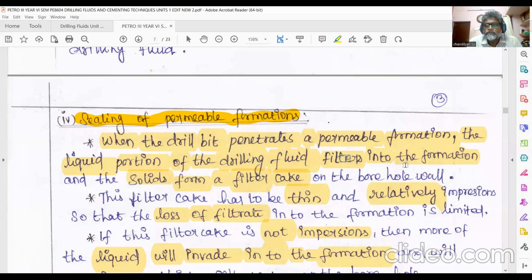So it happens mostly in a permeable, porous formation. Here there is a spelling mistake: relatively impermeable. The cake must be thin and it must not permeate. If you have a drilling fluid, we say it's a good drilling fluid if it forms a thin cake which is impermeable.